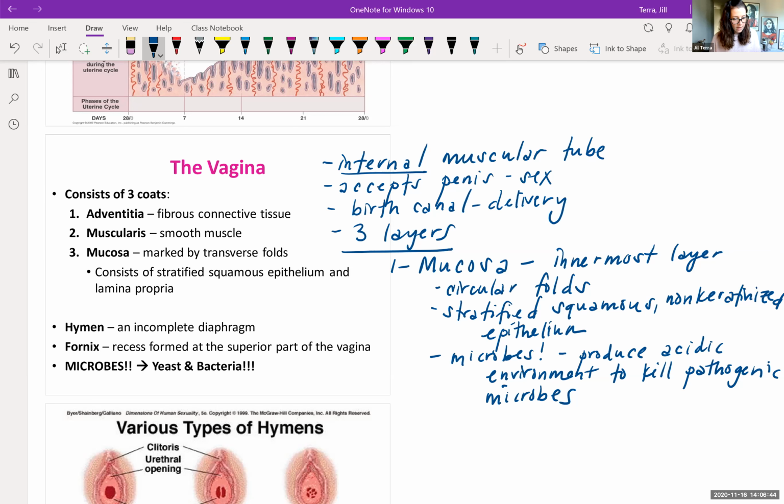Okay, and then unfortunately, as a byproduct, that acid also kills sperm cells. So that's why it makes sense that an ejaculate contains millions of sperm cells, because many of them are going to get killed off.